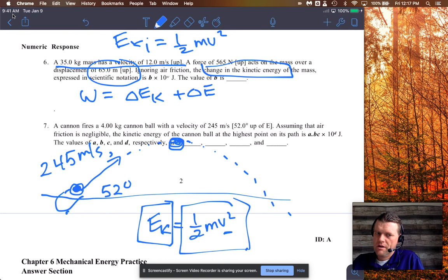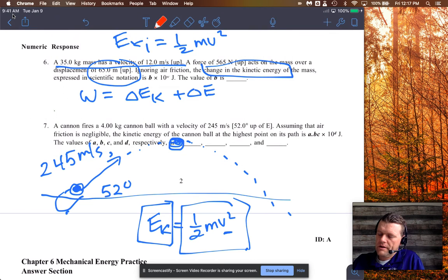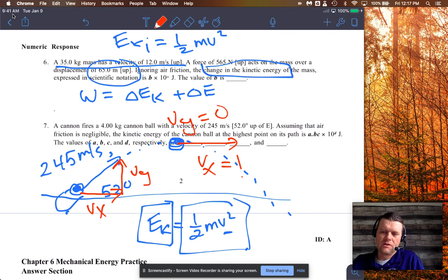Now, this one's going to force you to remember that anytime you shoot a projectile, it has a horizontal and vertical component, Vx and Vy. But by the time you get to the top, the only component you have is Vx, because Vy would equal 0, right? By the time you get to the top, vertically, you're not moving up anymore.